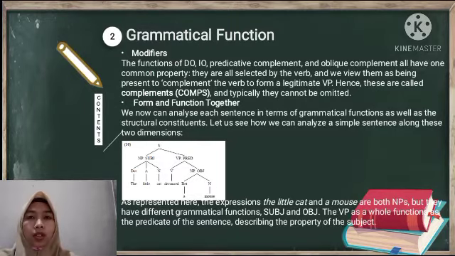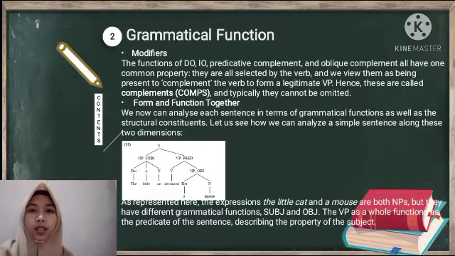Form and function together, we now can analyze a sentence in terms of grammatical function as well as the structural constituent. Let's see how we can analyze a simple sentence along these two dimensions. Subject: this is a noun phrase subject. The form is determiner the, adjective little, noun cat.